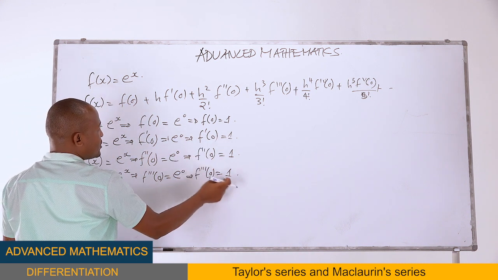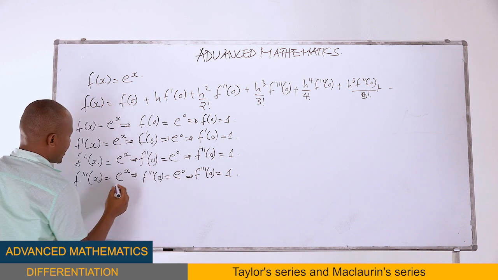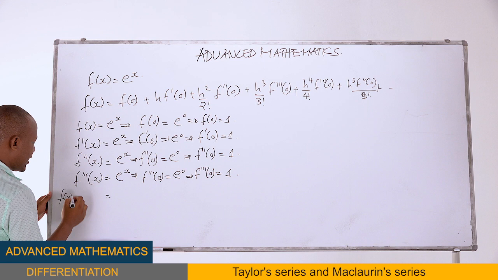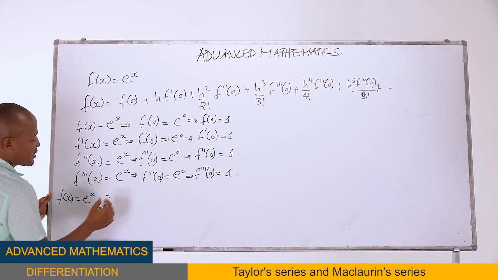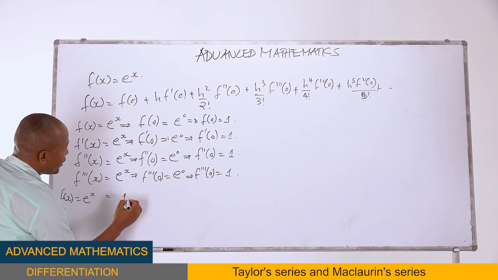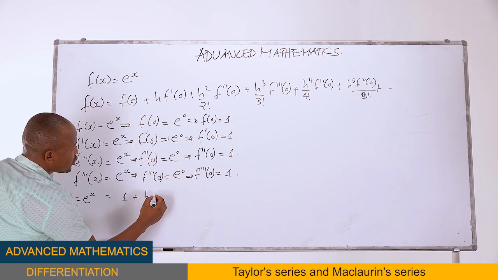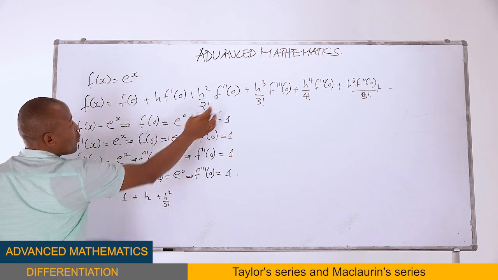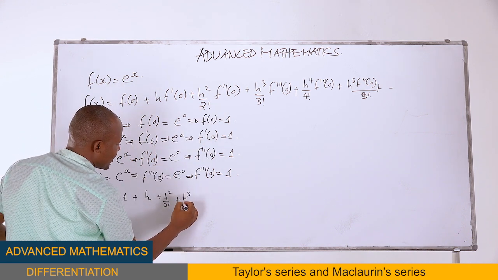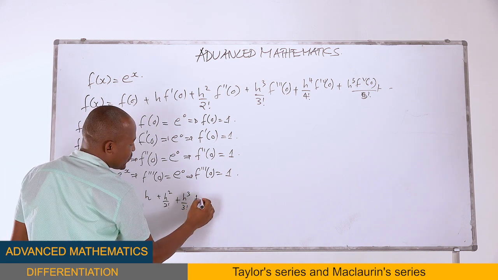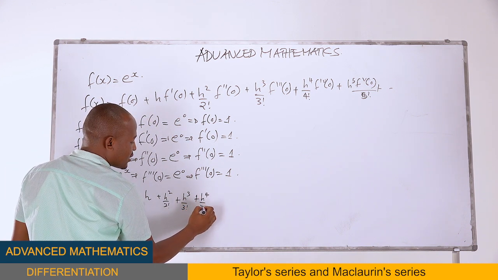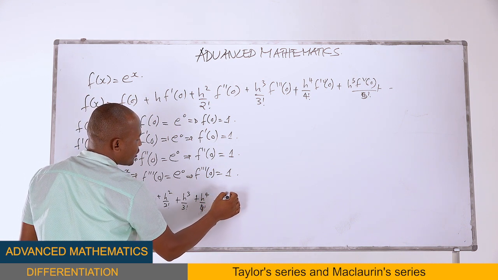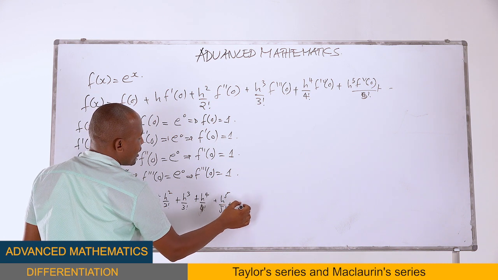Now let's put these values on those points. That is to say, we are going to have our f of x, which is e raised to x. It will be 1 plus h, this is multiplied by 1, plus h square over 2 multiplied by 1 again, then plus h cubed over 3 multiplied by 1, then h to the 4, so this goes over 4 factorial multiplied by 1, then h to the 5 over 5 multiplied by 1.